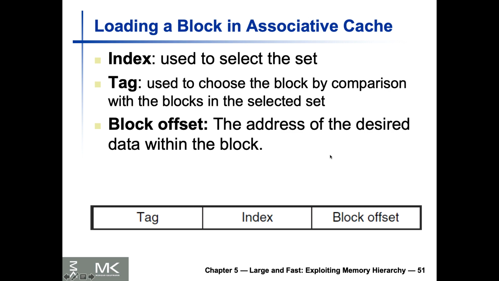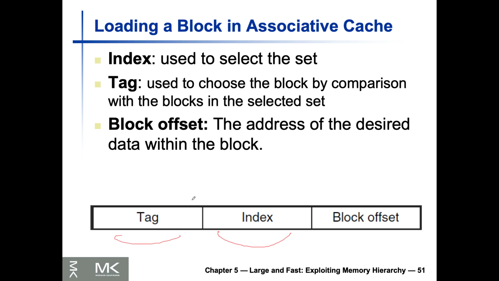So next on Wednesday, we're going to see how we're going to place exactly using a cache size and the words per block. We're going to understand, using different cache paradigms, how we're going to place and update that table again. In general, we have a tag, index, and block offset in an associative cache. The index is used to select a set, but the tag is used to choose the block by comparison with the blocks in a set.